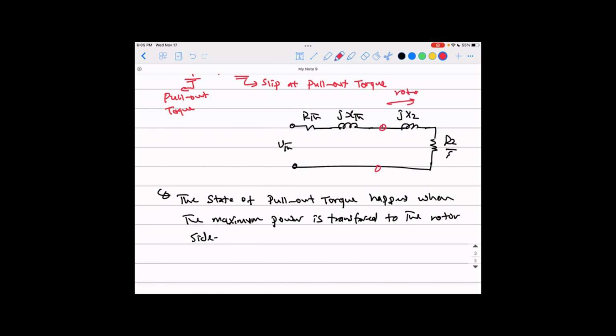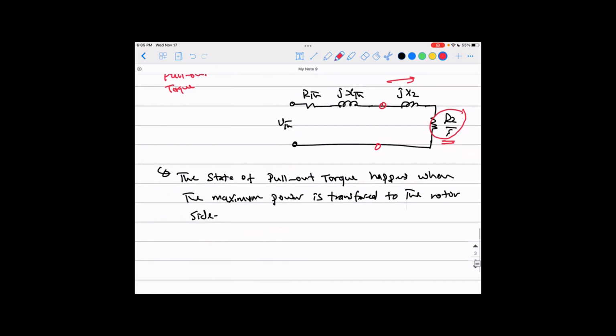That is your rotor side here. And the power is going to the resistances. So that means we need to find the maximum power that goes into R2 over S. That means you want to find the maximum power going to R2 over S, okay?